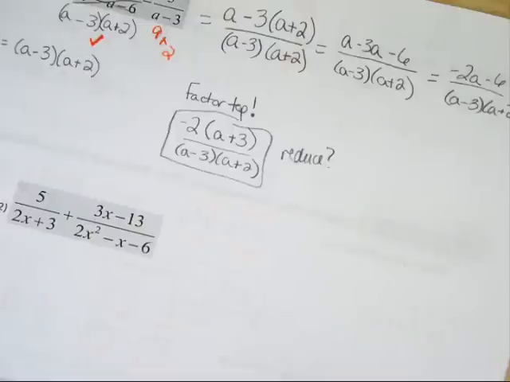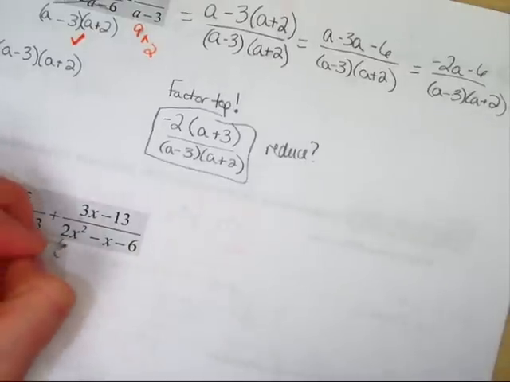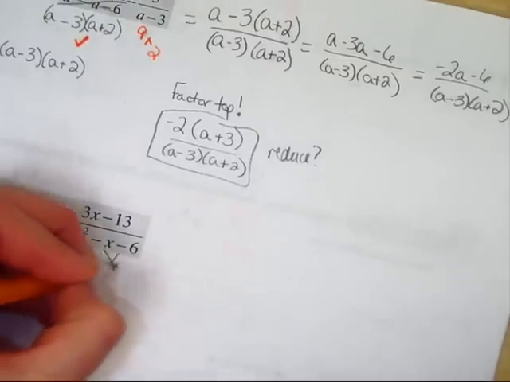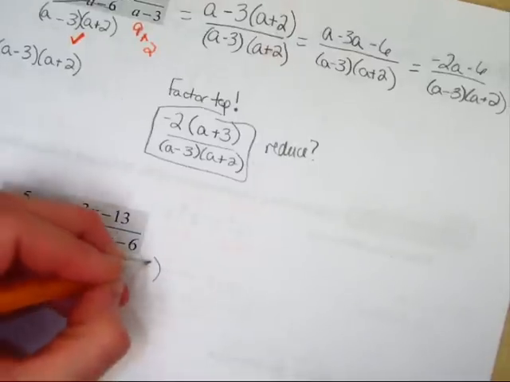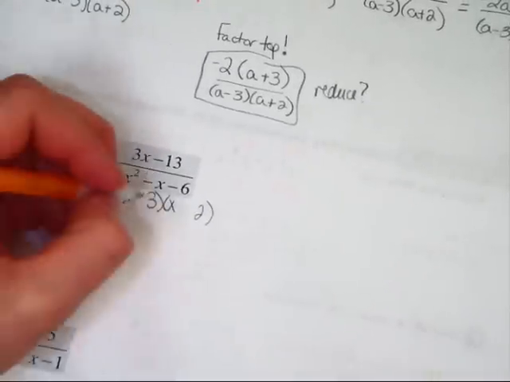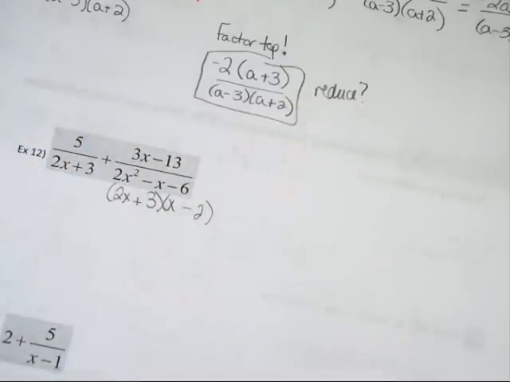Example 12. In example 12, you should notice that this bottom right factors to 2x and x, and I'm going to guess a 3 and a 2. Get your signs on there so it works out. I'm going to put a minus there and a minus here, or a minus at the 2 and a plus at the 3.